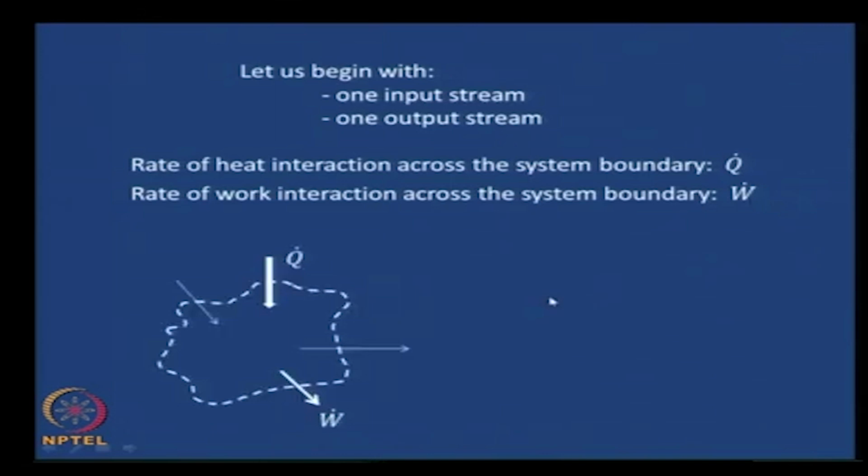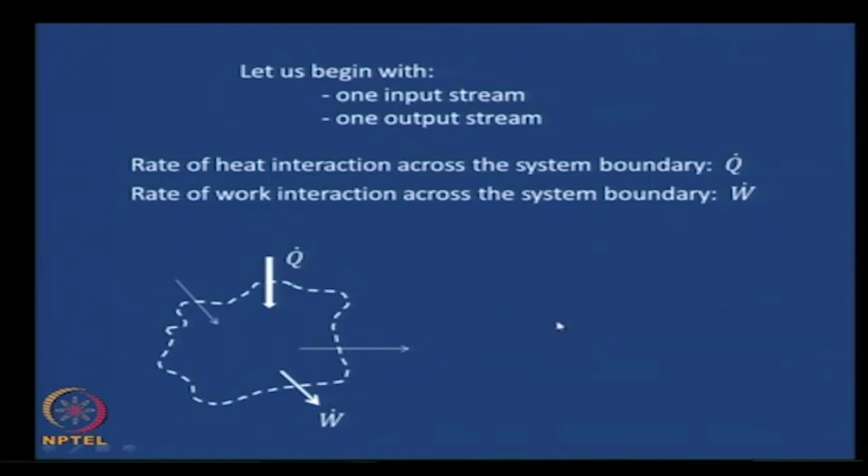So if we use this to represent our system, this is a system which could be anything, which could cover very many real life aspects of a plant, a bioprocess plant, or it could even be a conceptual one. We said we will consider one input stream and one output stream, and this is our heat interaction here, and this is our work interaction which cross the system boundaries.